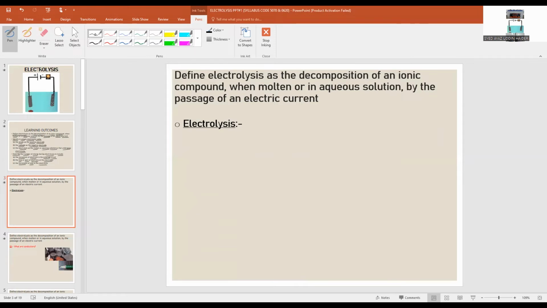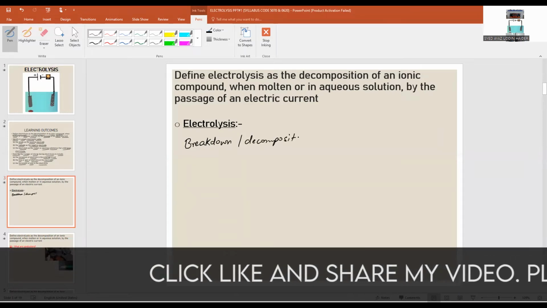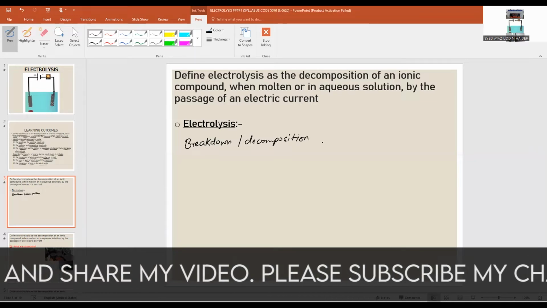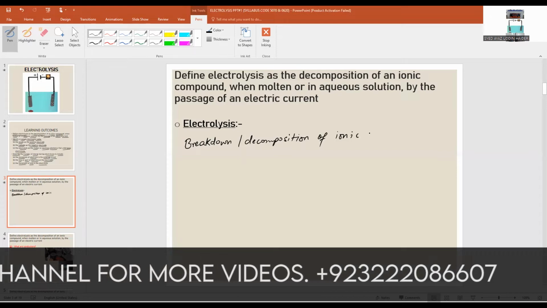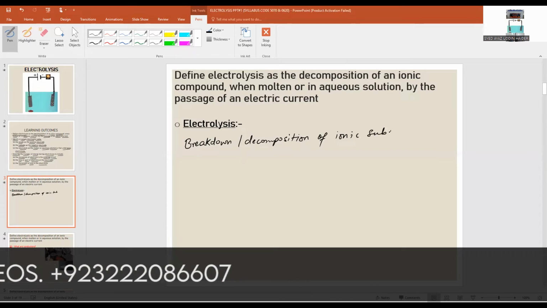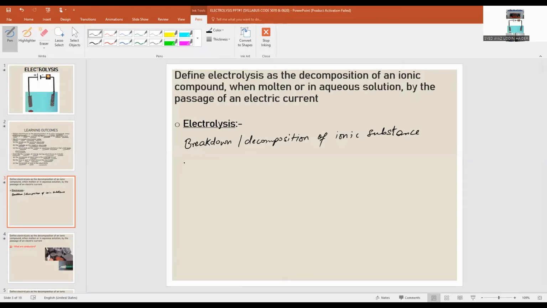So the definition will be breakdown or decomposition of ionic substance using electric current.